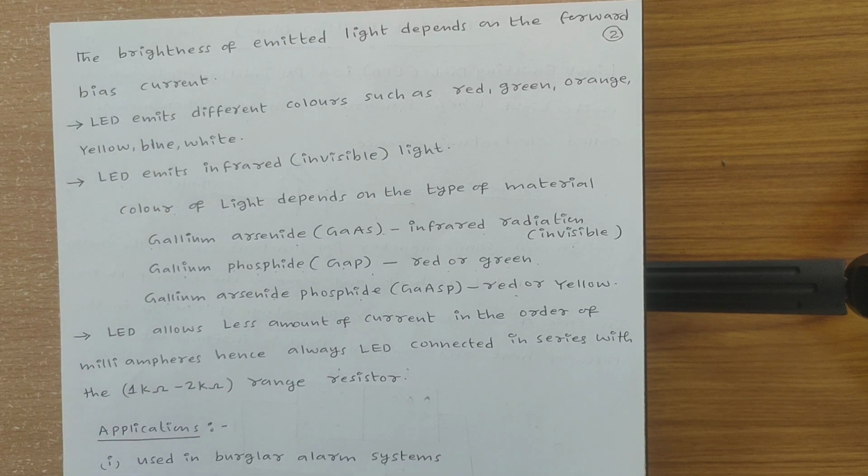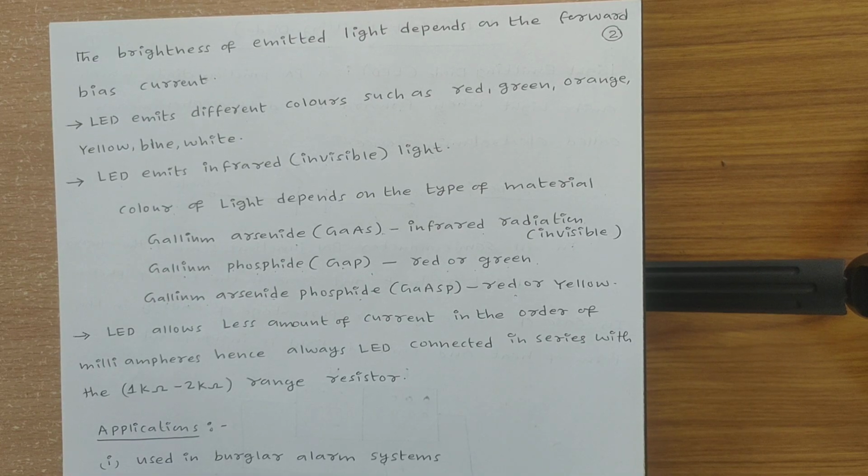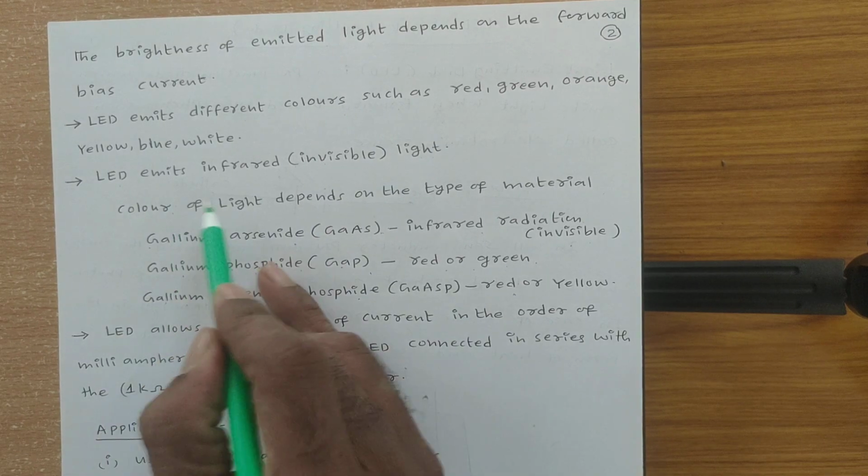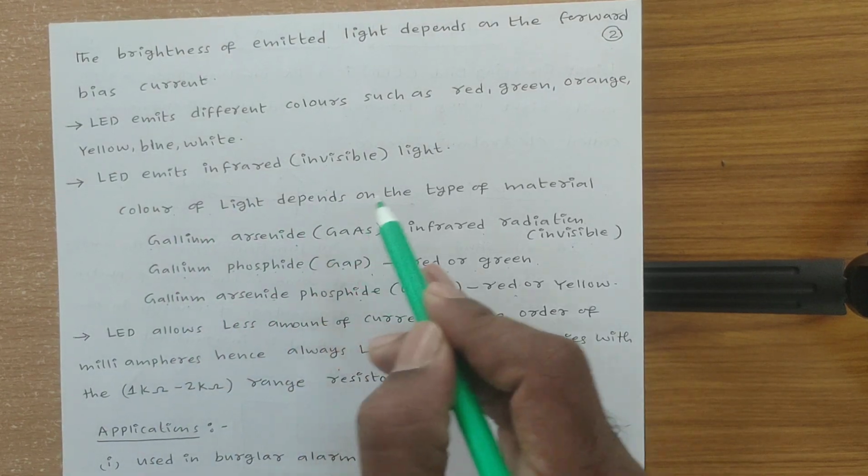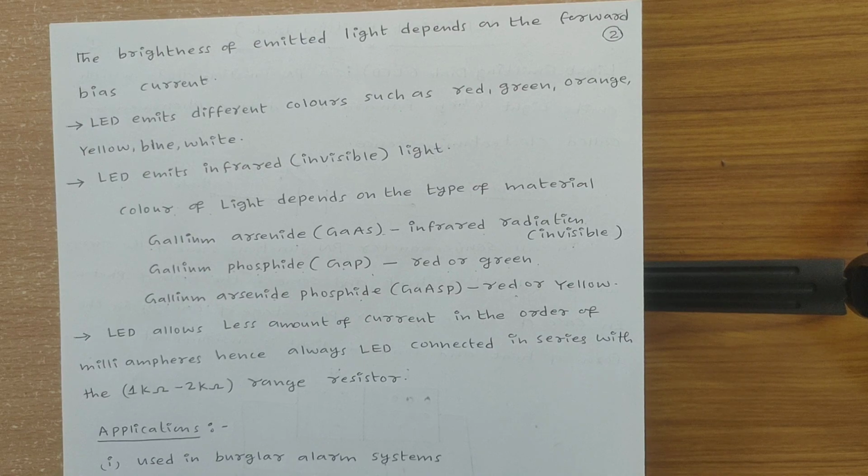Again here, LED emits two types of light. One is visible light, in red, green, orange, yellow, blue and white colors. Another one is invisible light or infrared light, that is used in remote devices. Next, the color of LED depends upon the type of material.